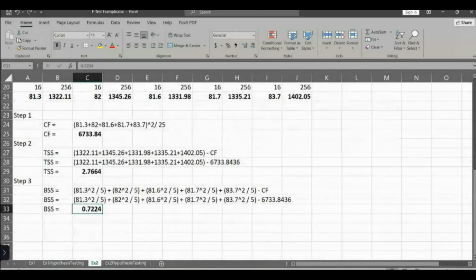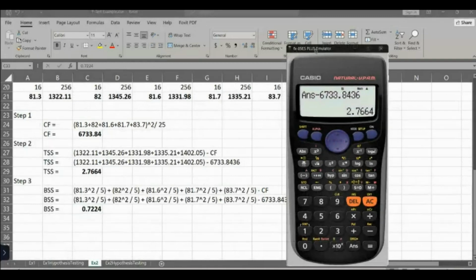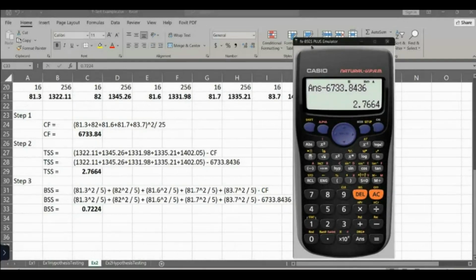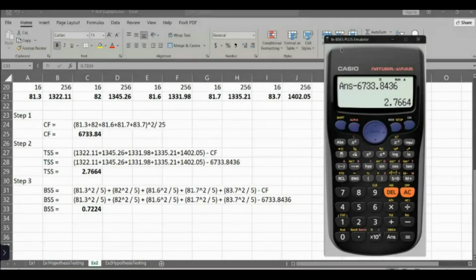So let's confirm. We have 81.3 squared over 5, close that.